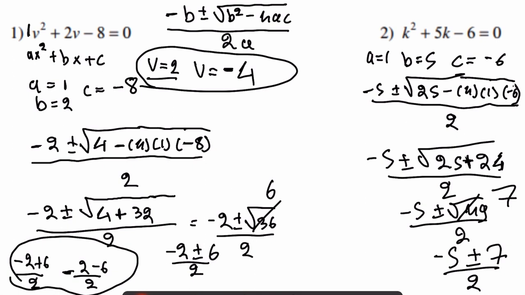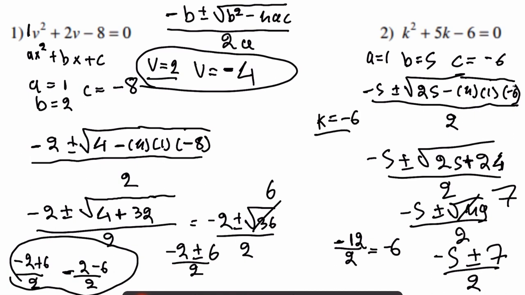So negative 5 minus 7 is negative 13 over 2. And then, sorry, no, this is wrong. Negative 5 minus 7 is negative 12 over 2, which is negative 6. So one of the answers is k is equal to negative 6.